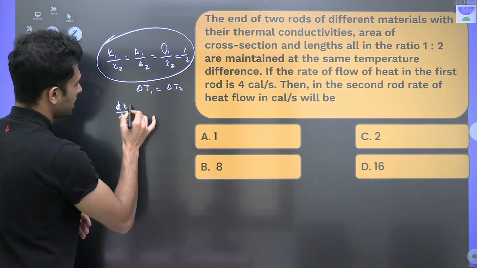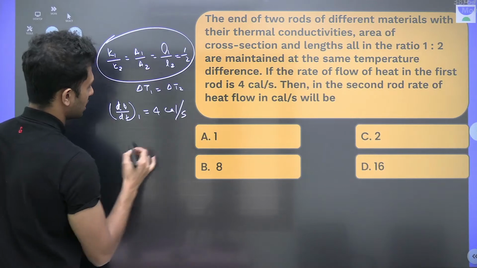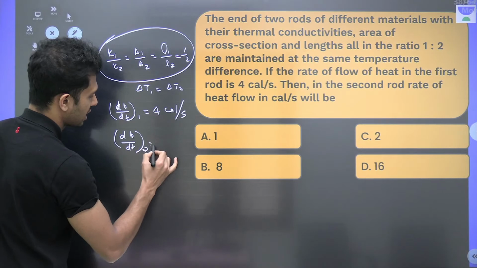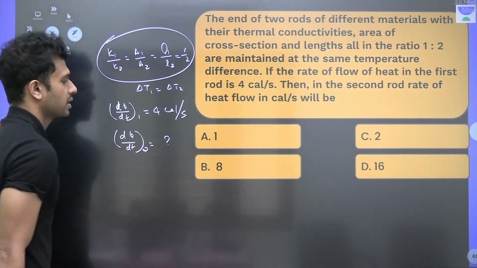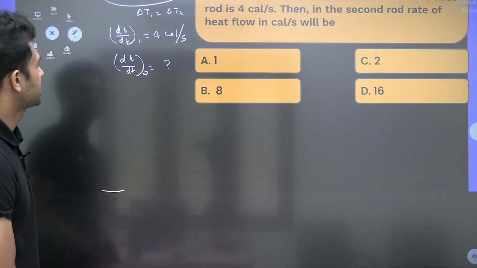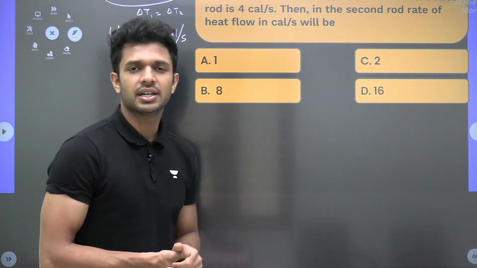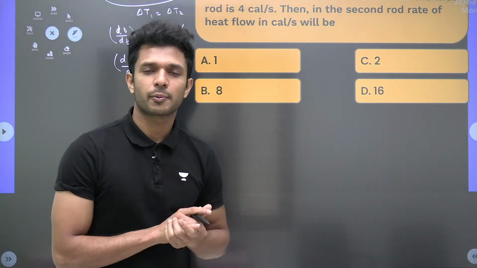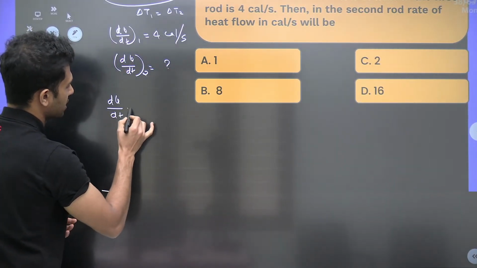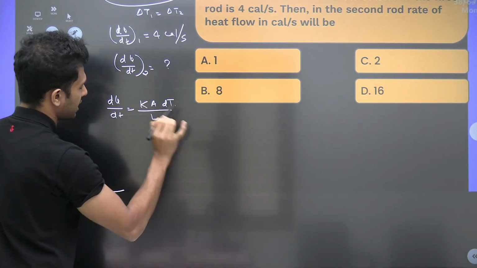dQ by dt in the first rod is 4 calories per second. The question is, what is dQ by dt, the rate at which heat transfers in the second rod? How to do it? We just need to know the formula for dQ by dt when heat energy is conducted through a rod. dQ by dt is given by KA times the change in temperature divided by length.